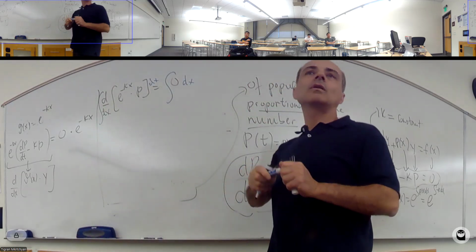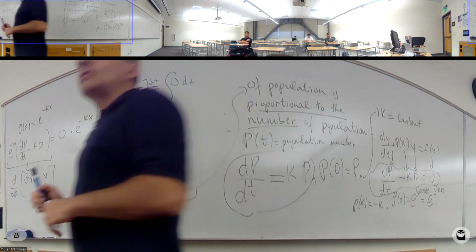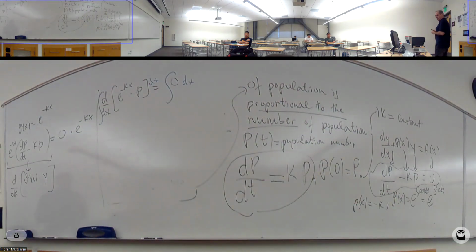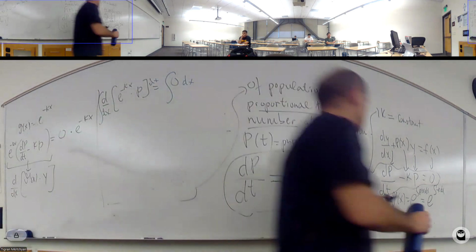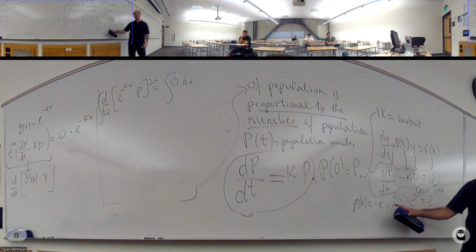Ah, I'm so wrong. Something is wrong in my notation. Can you figure it out? Yeah, we don't have an x. Instead of x, we have a t. So even right here, mu of x in reality should be mu of t. All the x's should be t's. Are you okay with that?